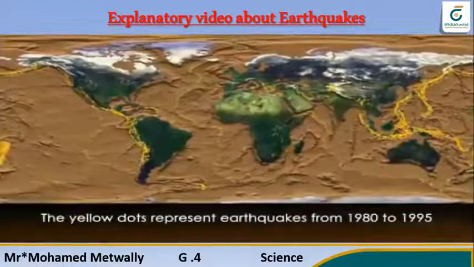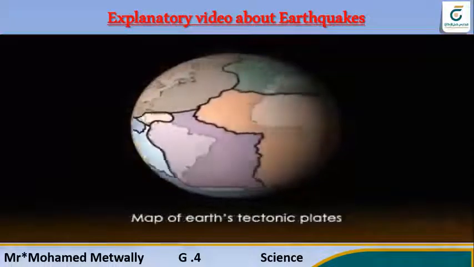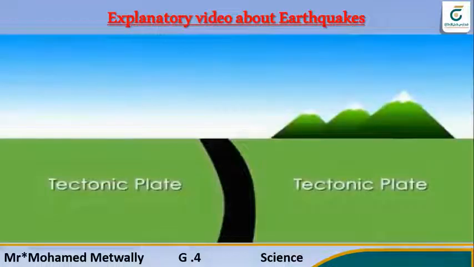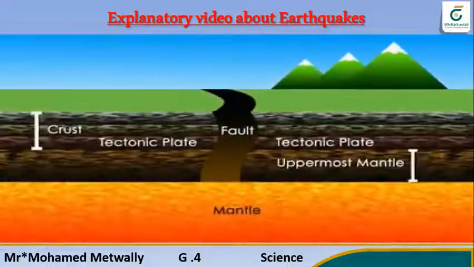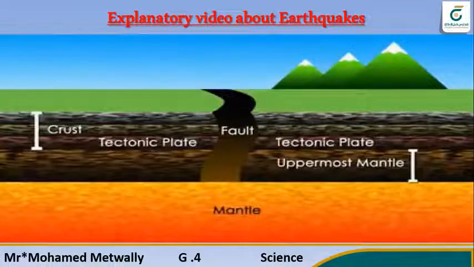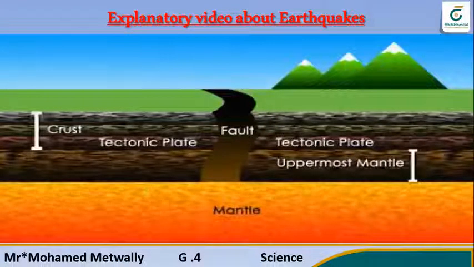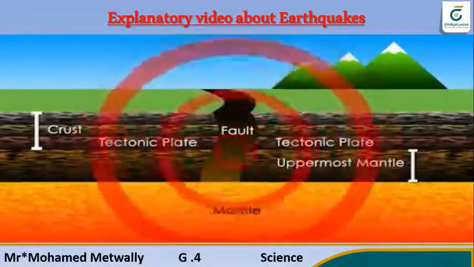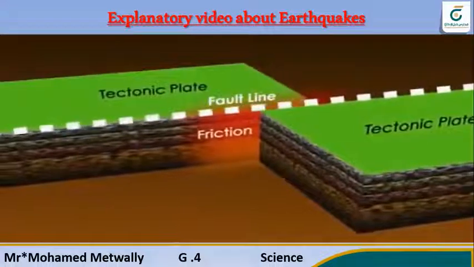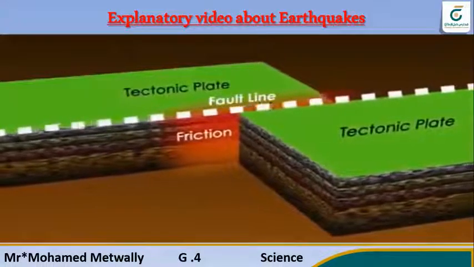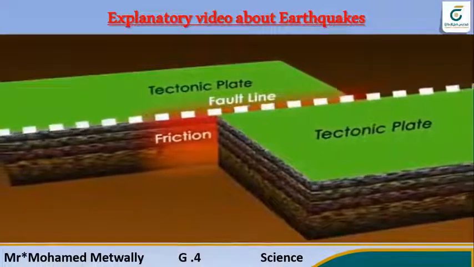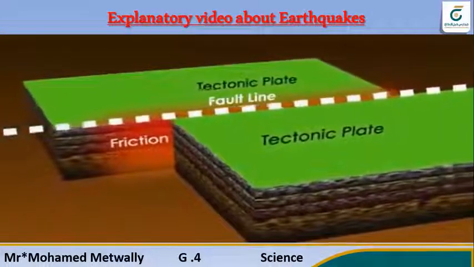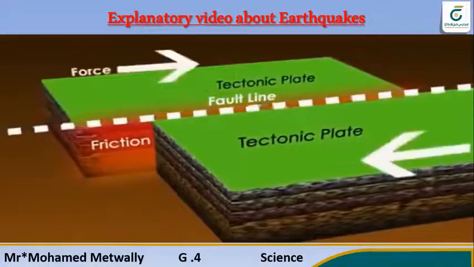100,000 happen worldwide every year. To understand how an earthquake happens, we need to review plate tectonics. Geologists think that the top layers of the earth, called the crust and the mantle, are broken into large pieces or plates. The places where these plates meet are called faults and are where most earthquakes occur. This is because tectonic plates move very slowly, at a rate of about 1 to 2 inches per year. When one plate is pushed beneath another, or when two plates move alongside one another, friction can cause them to become stuck together.